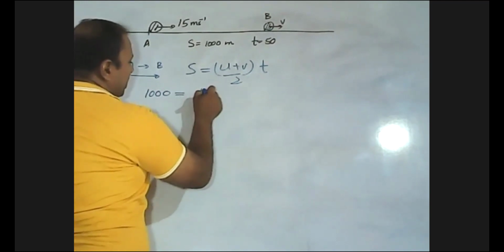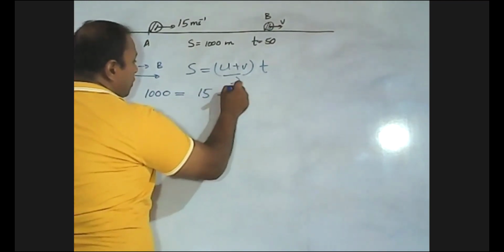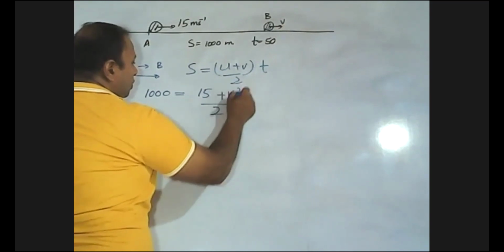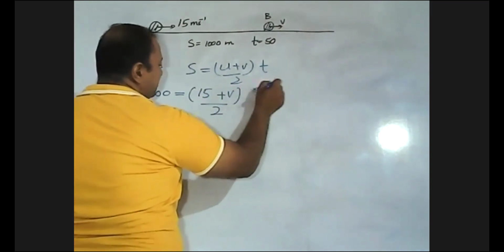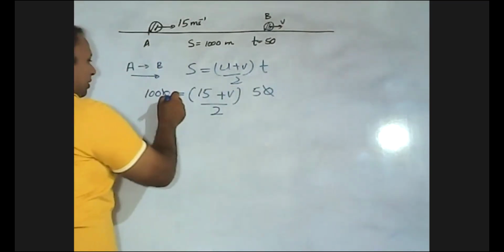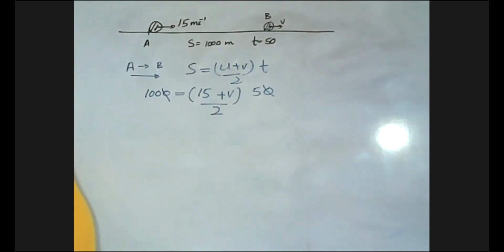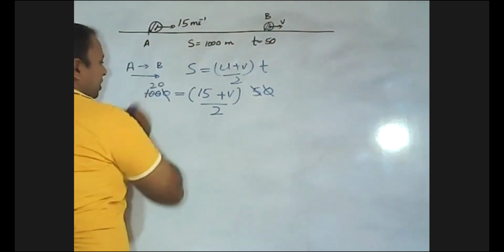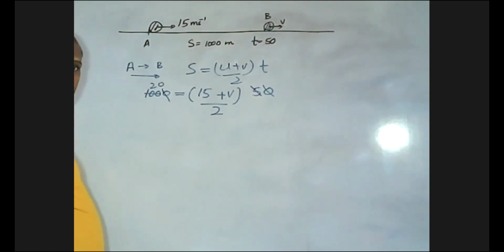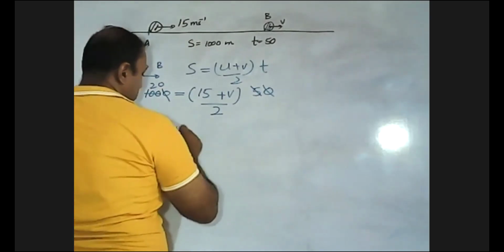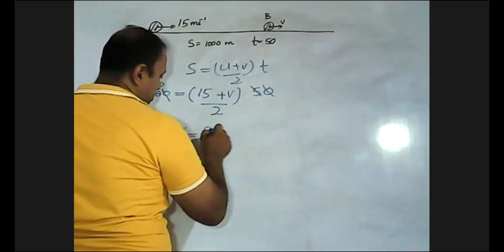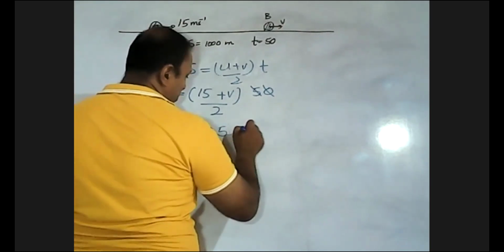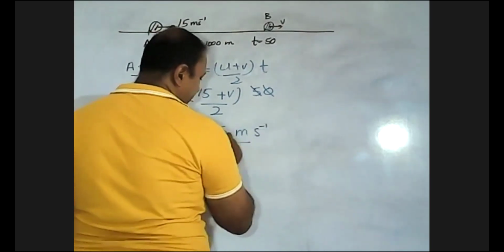U means 15, V you don't know, times 50. 0, 0 cancel out, so this one will be 20. So this is 40. 40 minus 15 means 25. So V is 25 m/s.